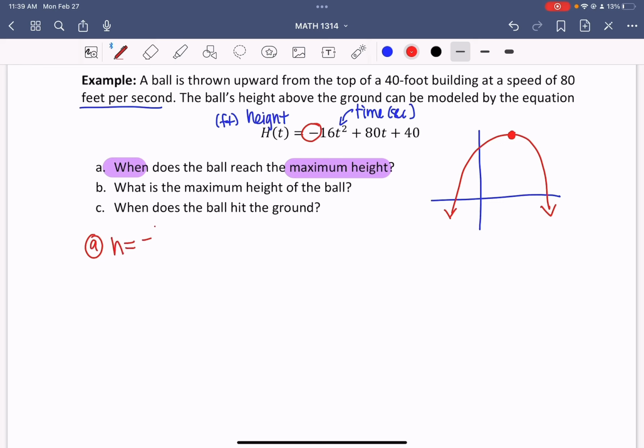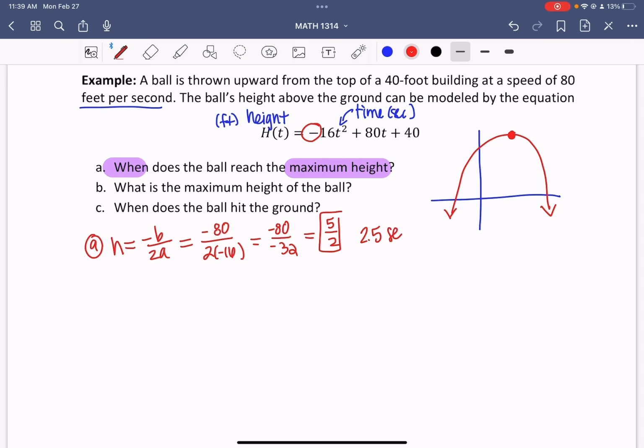I'm going to use h equals negative b over 2a. Let's see, b would be 80 over 2 times negative 16, just like we've been pulling those a and b values. Cleaning that up, that gives me negative 80 over negative 32. Or using your on-screen calculator, that reduces to 5 over 2. So when does the ball reach the max height?